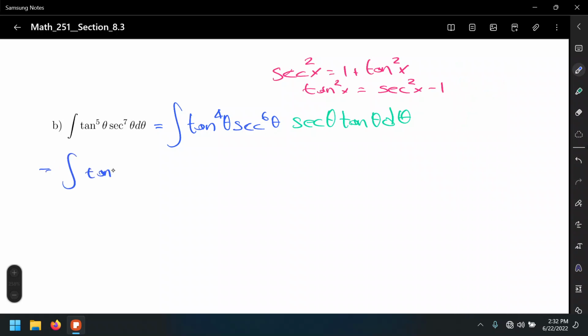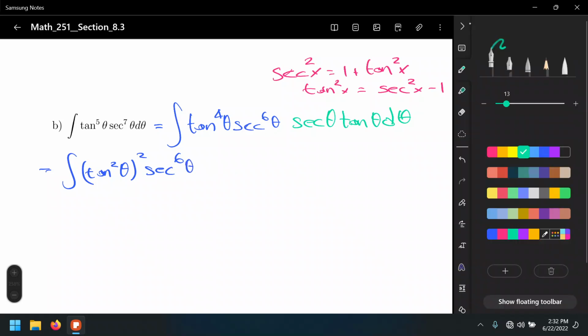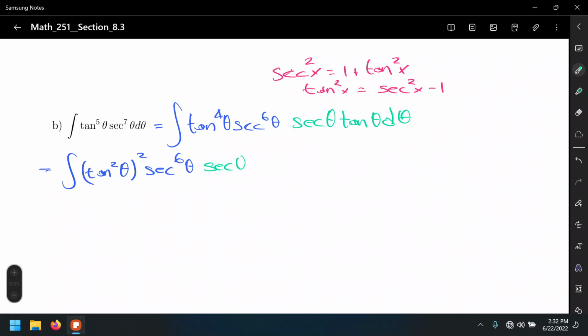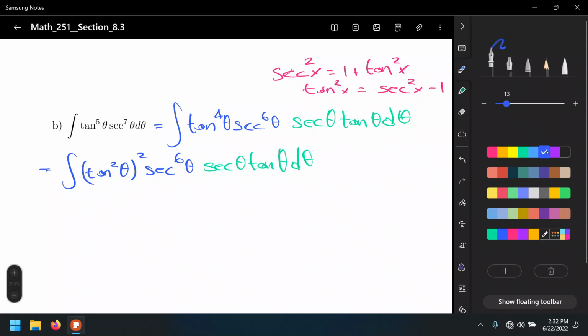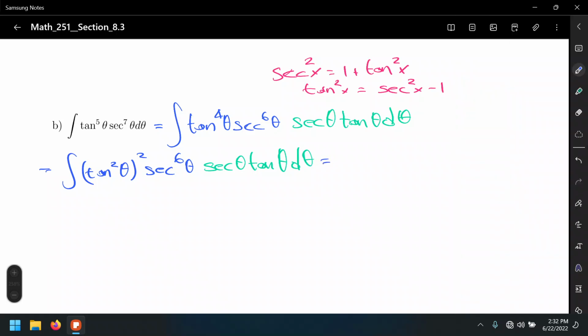That's tangent squared and secant to the 6th.